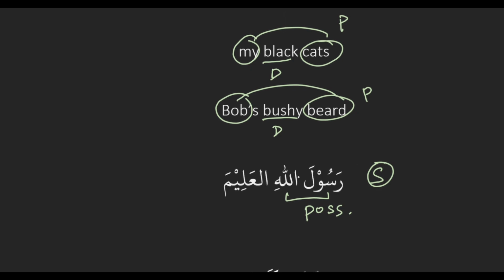If we want to describe the Messenger of Allah as knowledgeable, what's the word for knowledgeable? Alim. But we're going to stick an al on there to make it specific. So our described, the Prophet of Allah, is specific, which means the description also has to be specific. Does that make sense?